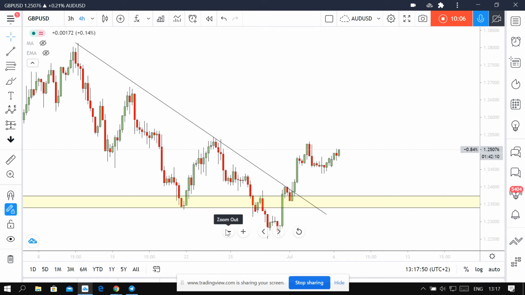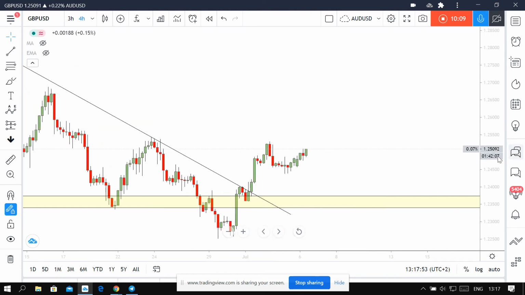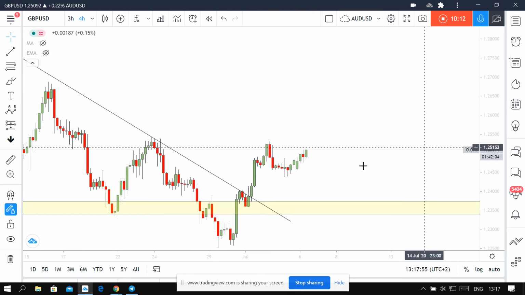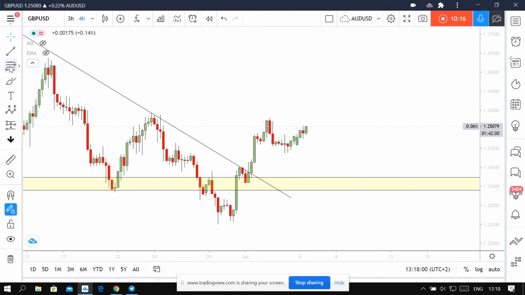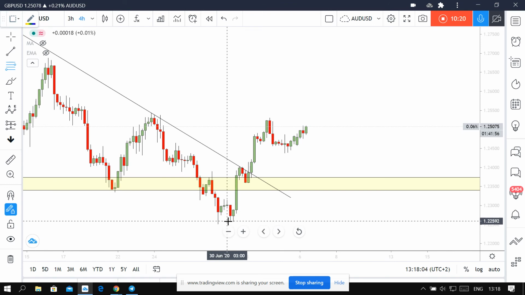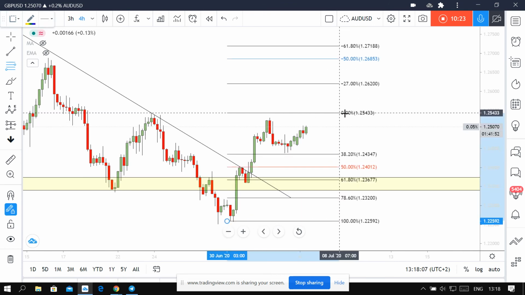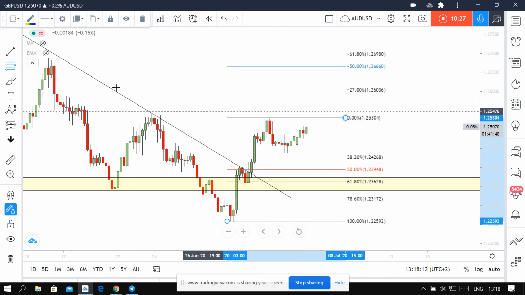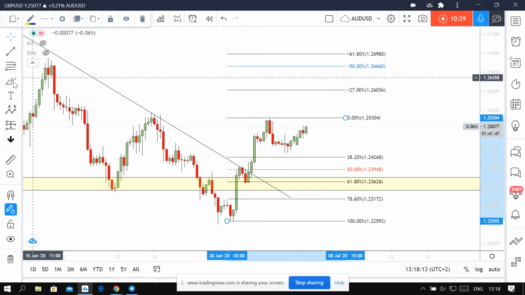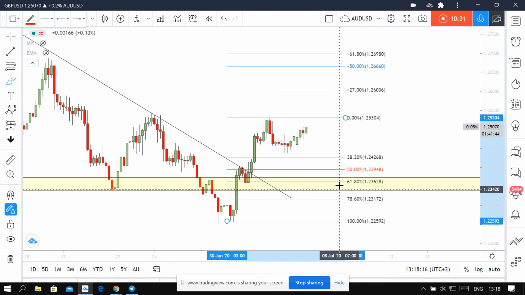Right? So on a 4 hourly time frame, I'll be looking for a retracement. The first retracement I'll be looking for is a 61.8. If I just pull up my Fibonacci tool, from this swing low to this swing high, right, I'll be looking for a retracement of 61.8.